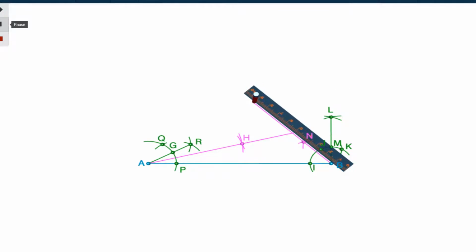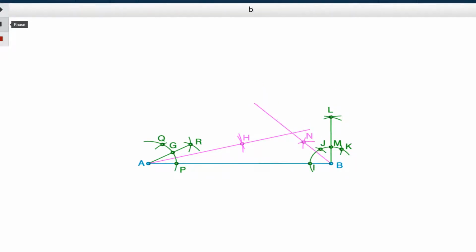So BN is the angle bisector of angle B. Now see, both angle bisectors intersect at one point. That point is the vertex of the triangle XYZ. That is X.